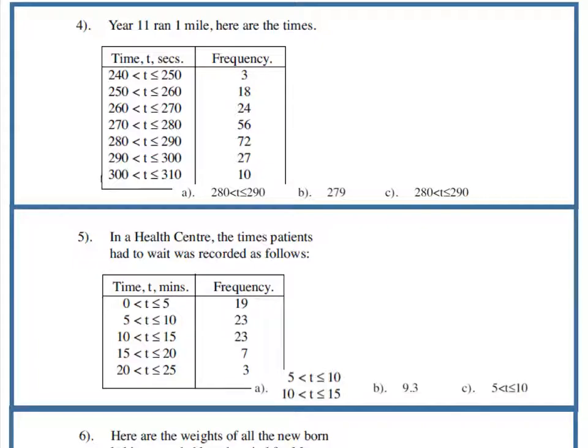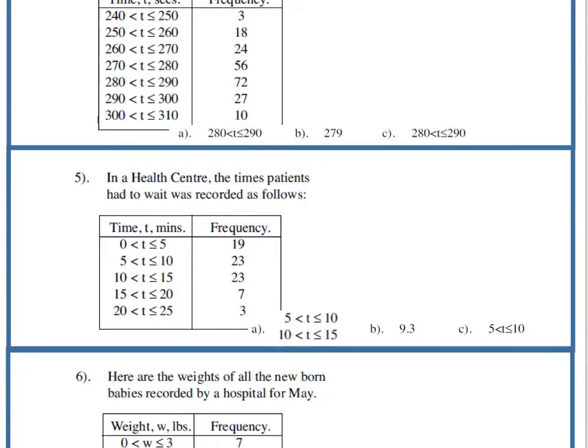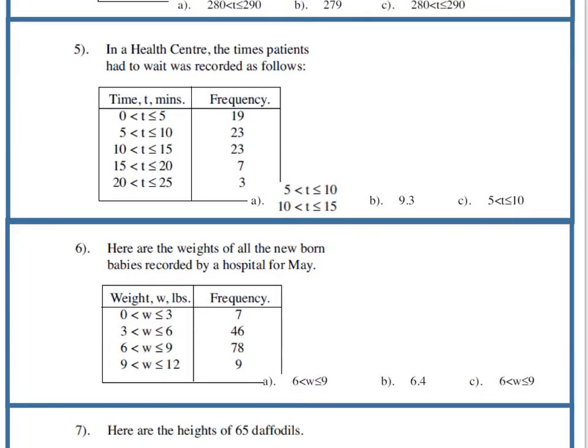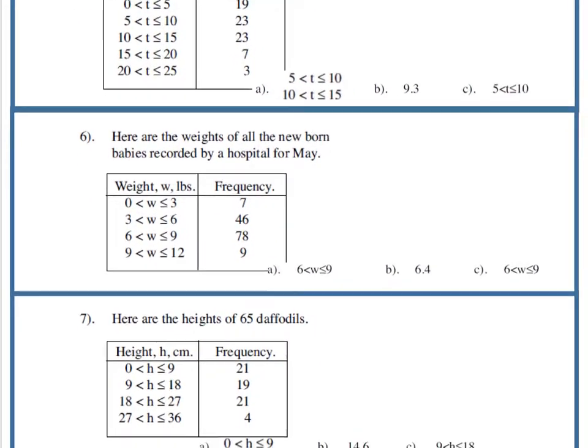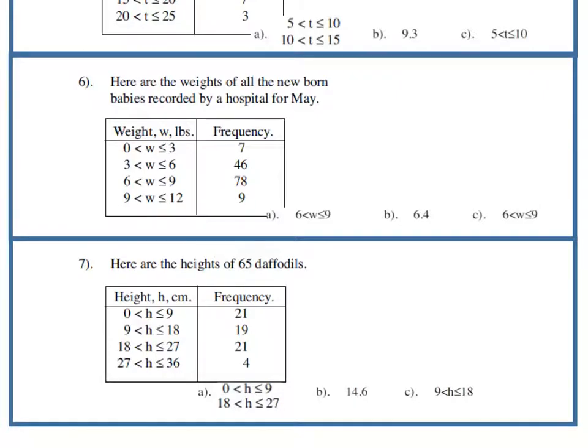If you note that question 5 has 2 answers for the mode, that's because there are 2 most frequent class groups, and that's the same for question 7. So there are your answers for 6 and 7, but if you notice, there's 2 class groups because they both have the highest frequency.